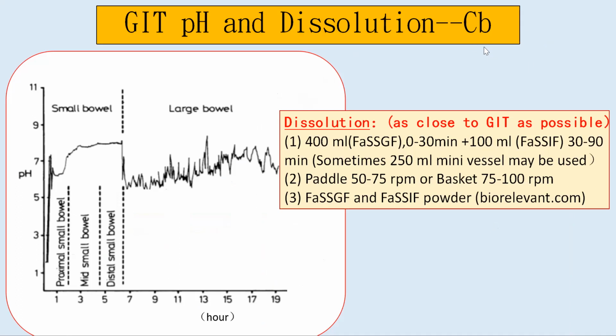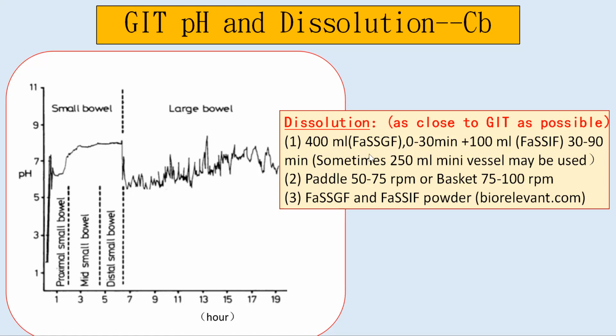In addition to the PE, we also need CB to mimic the GI tract of humans, and therefore the left side graph indicates the time versus pH along the GI tract. As you can see, the pH initially in the stomach is about 1.5 or so, and then within about 30 minutes increases to about pH 6.5.